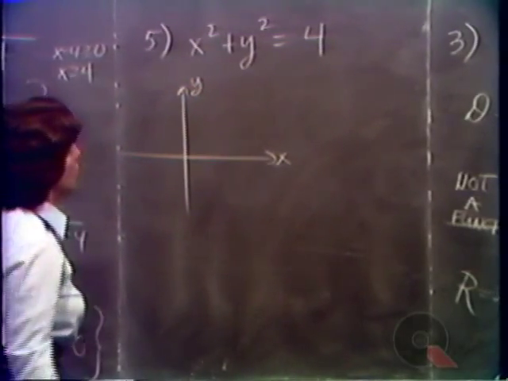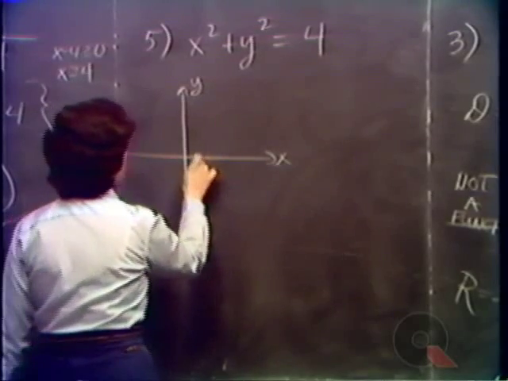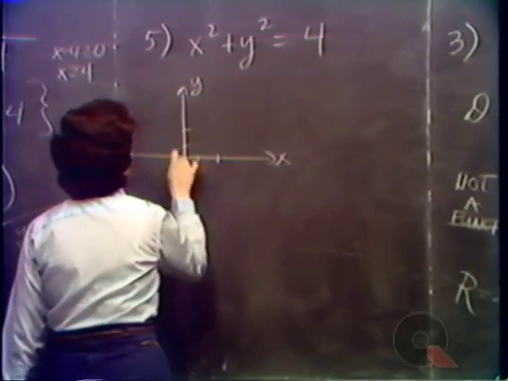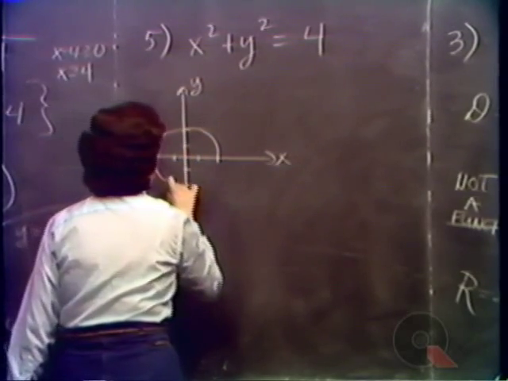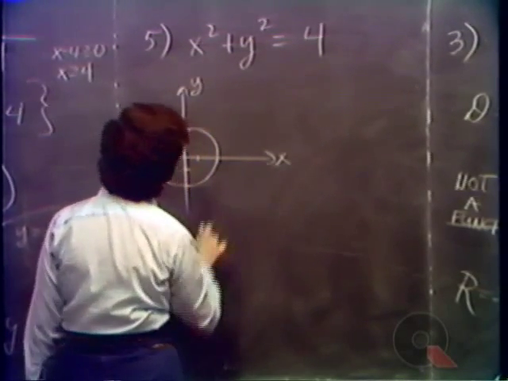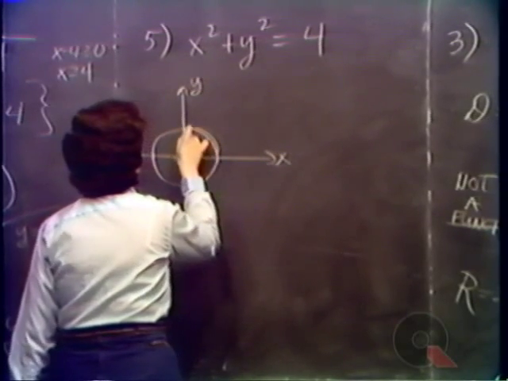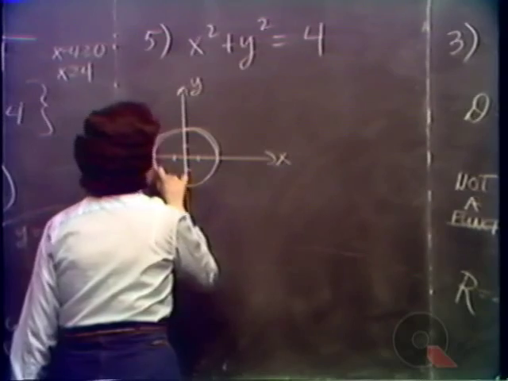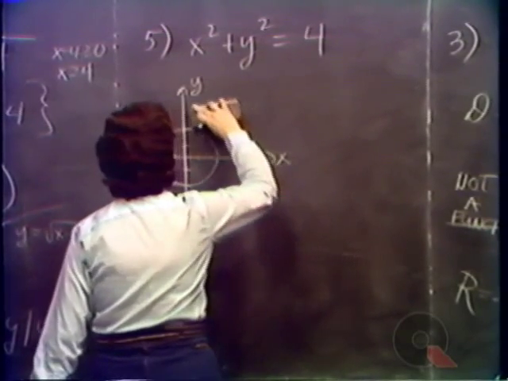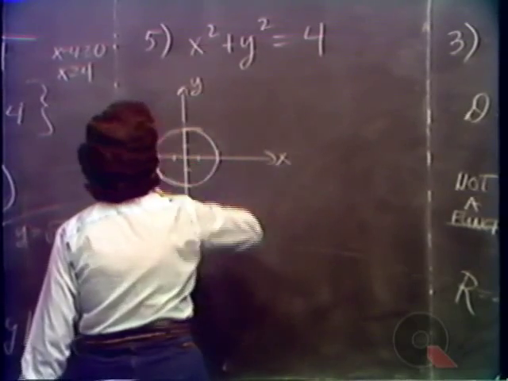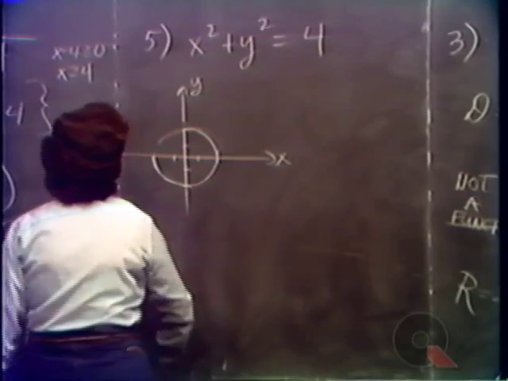It's a circle with center at the origin and radius 2. Something like that.